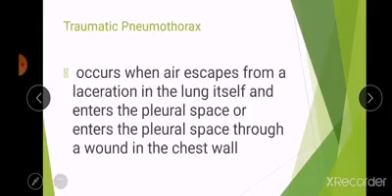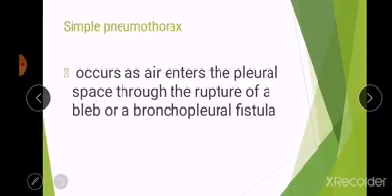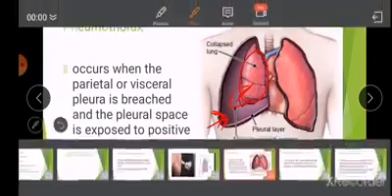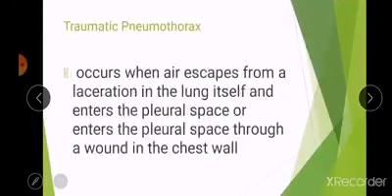Another is, it enters the pleural space through a wound in the chest wall. So, pag nagkaroon naman ng opening dito, papasok ngayon yung air. So, mapupuno na ngayon ng air yung pleural space mo. So that's your traumatic pneumothorax.